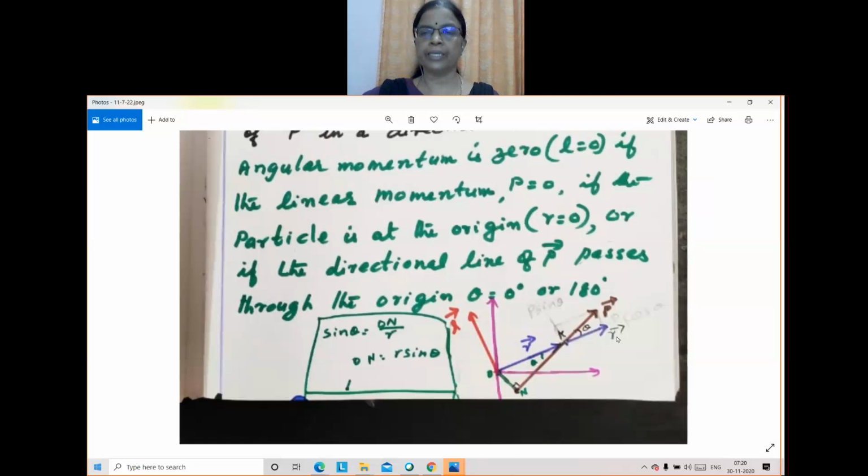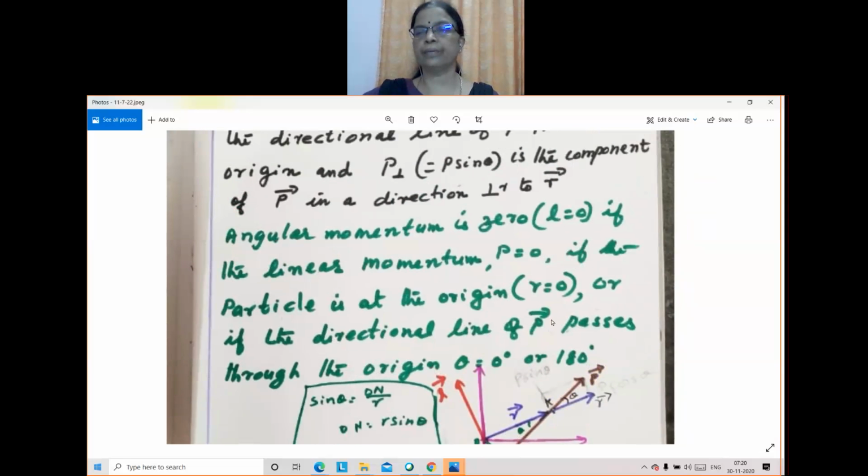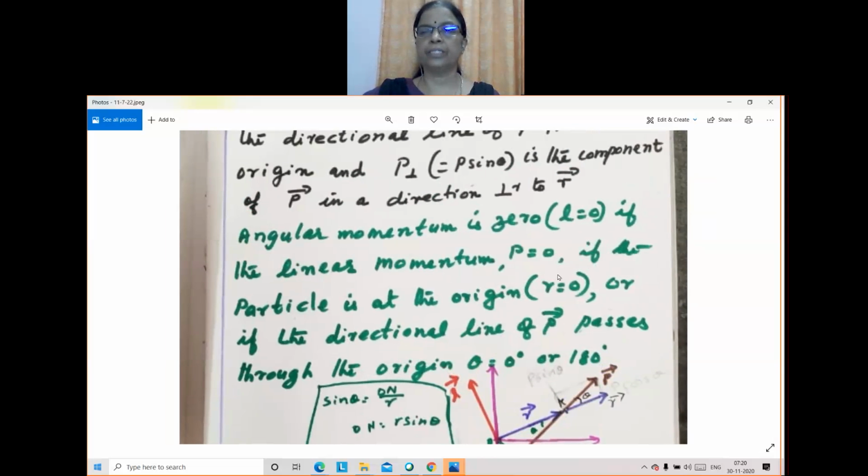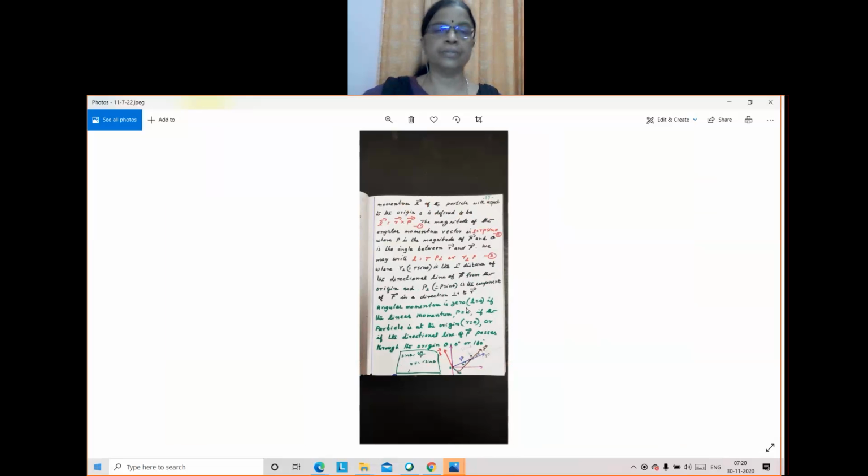In all these three cases, the angular momentum will be 0. It is similar to the explanation of torque.